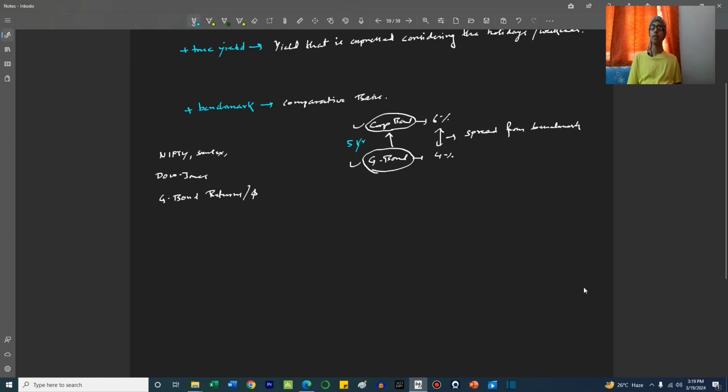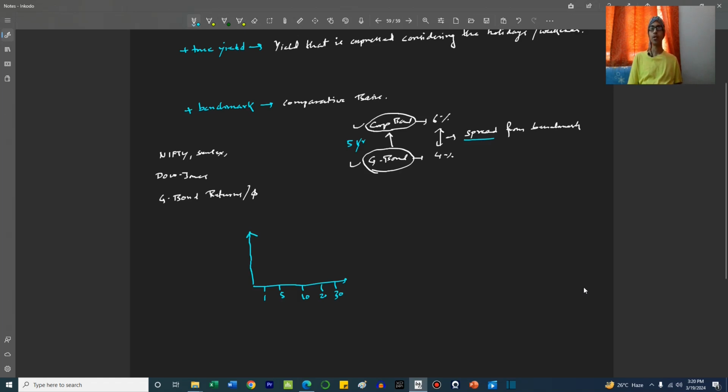right? Now we plot the timeline on the horizontal axis. This is 1 year, this is 5 year, this is 10 year, this is 20 year, this is 30 year, right? I'm just compressing the horizontal timeline, and here we plot just this difference, this spread.